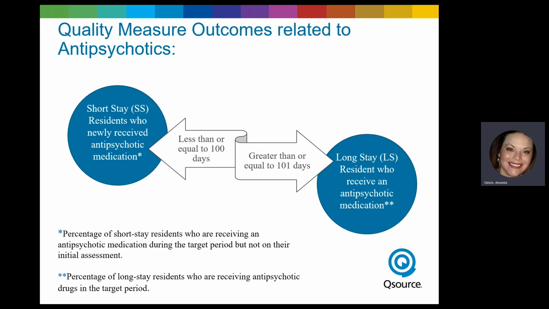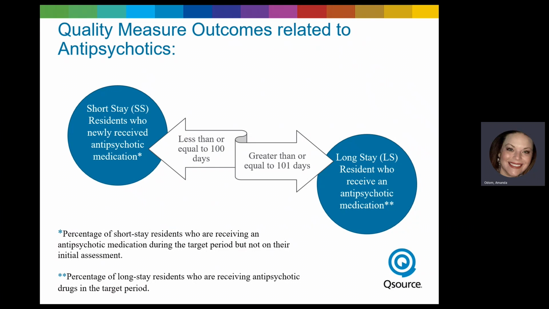There is opportunity here to go ahead and identify these residents and start the process of the GDR or finding that appropriate diagnosis to support the use of the medication they're receiving if it is deemed appropriate. Those appropriate excluded diagnoses are schizophrenia, Huntington's disease, and Tourette syndrome.